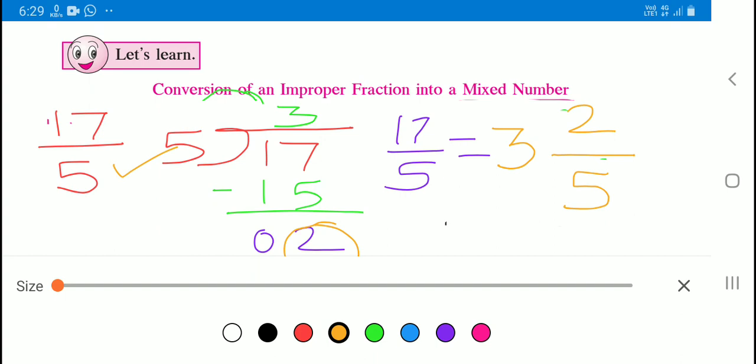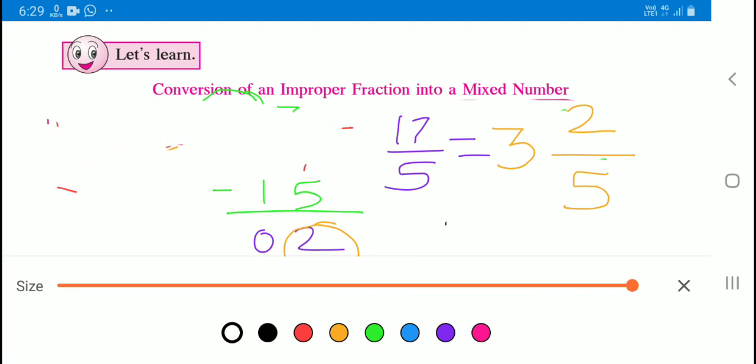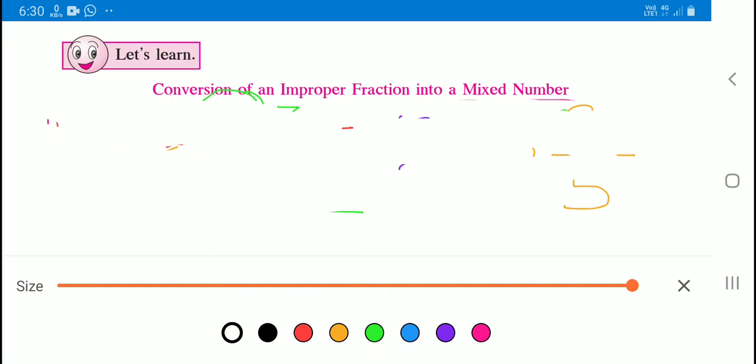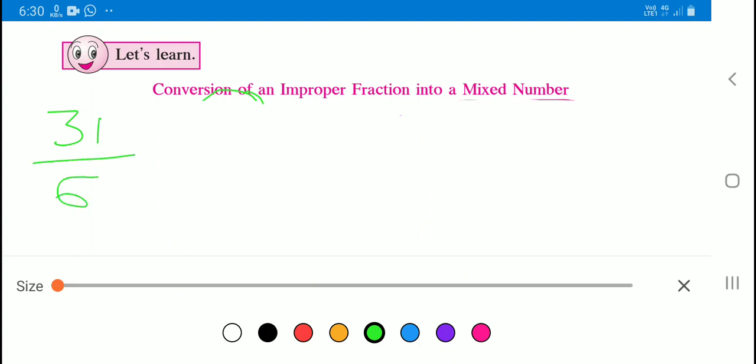One more example we will see here. I will write here the number 31 upon 6.